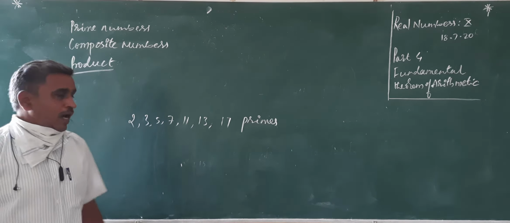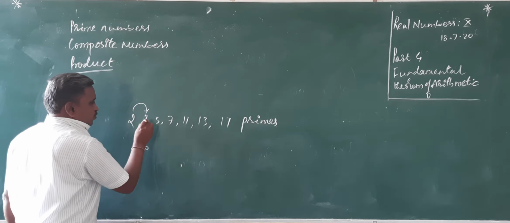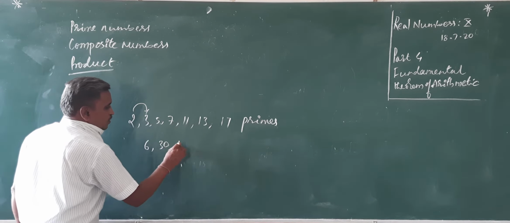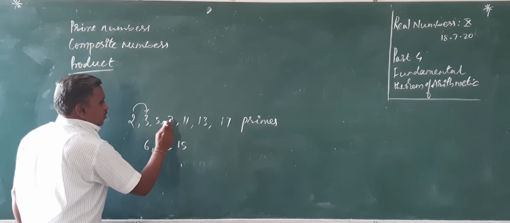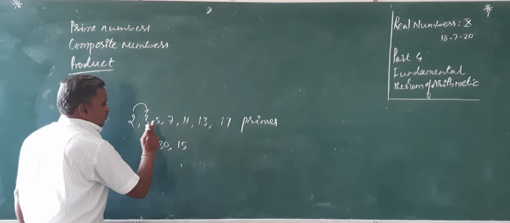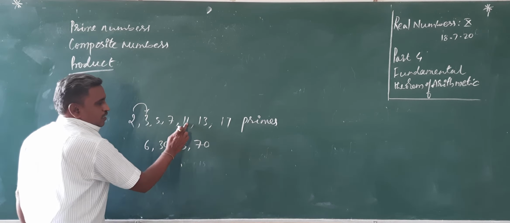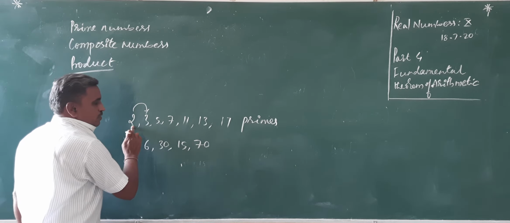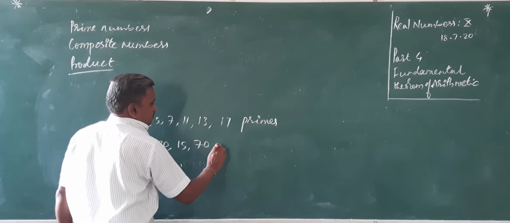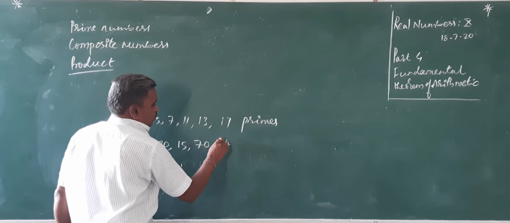Here 2 into 3 is 6, 3 into 5 is 15, 5 into 7 is 35, 35 into 2 is 70, just for example. 7 elevens are 77, 77 twos are 154.